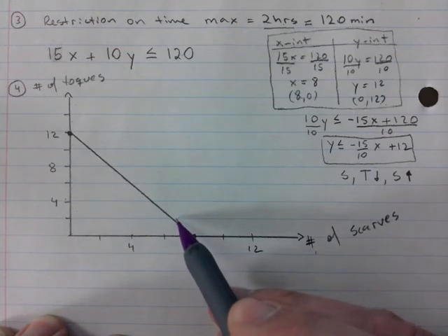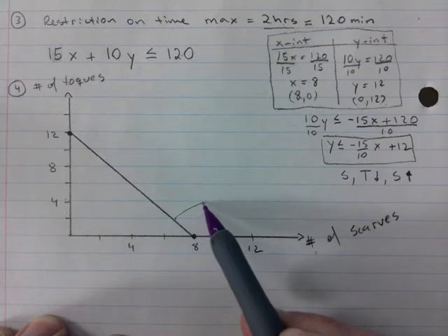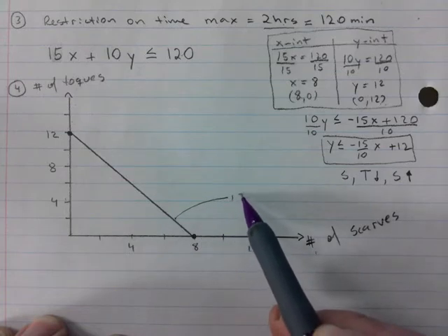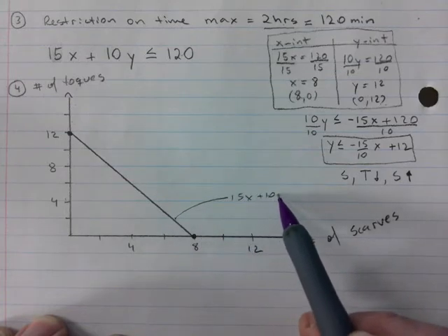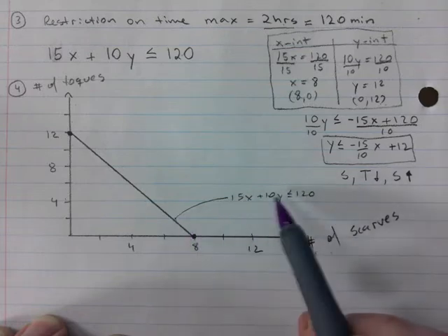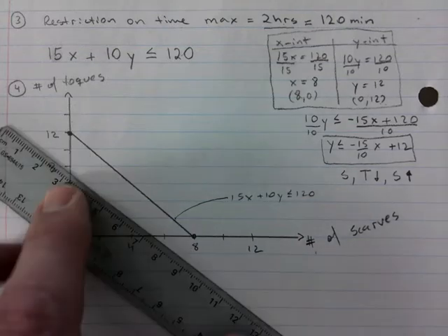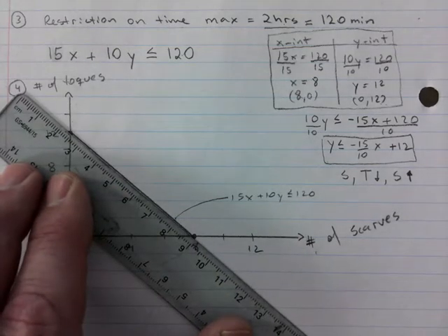You can label it. I allow you to label it like this because sometimes it gets crowded. So if you just go out like that and somewhere, just tell me that that line is represented by that inequality right there. So I'm going to shade above, put my ruler right there.